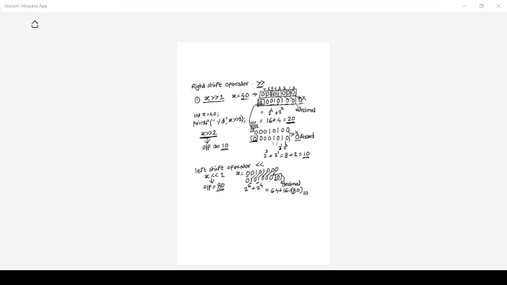Okay, the same you can perform one more time for x left shifted by 2. So the same, this output you keep as an input and you perform the shifting. I will directly show you how to shift that.